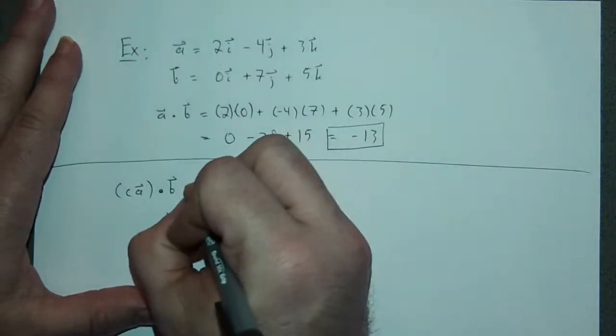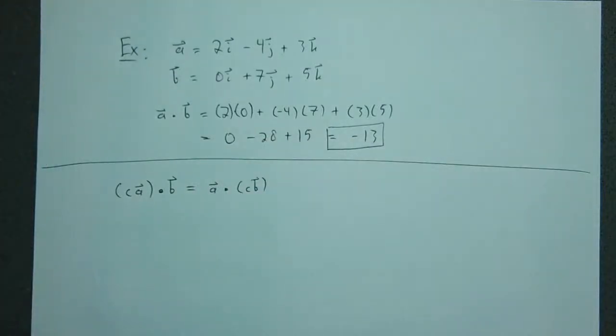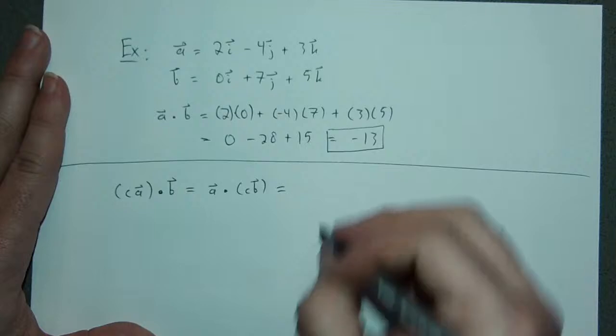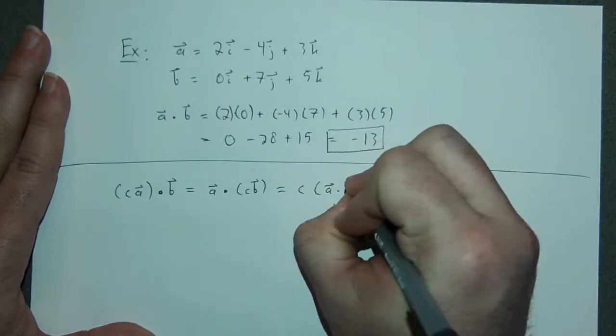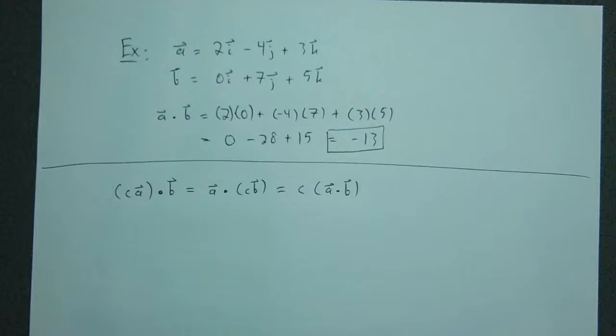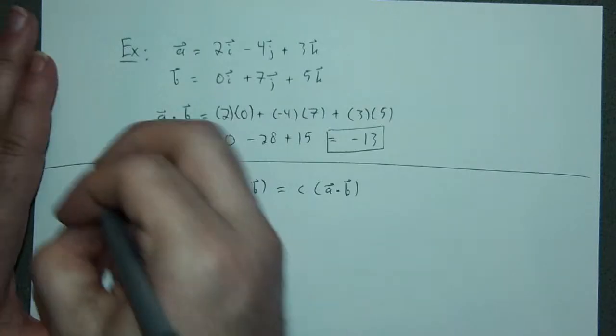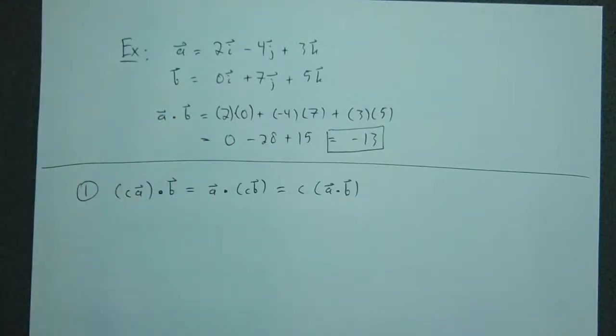Well, these are actually the same thing. In fact, these are both also equal to just multiplying the scalar by the dot product itself. Okay, so this is our first fact here about the dot product.